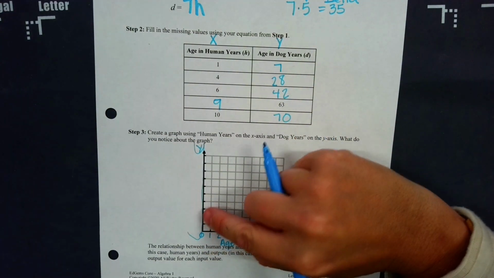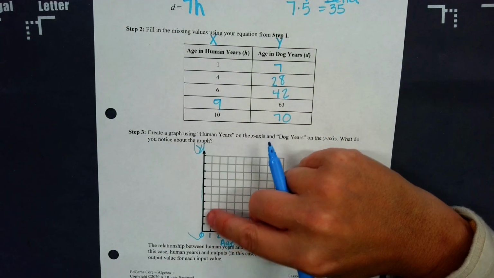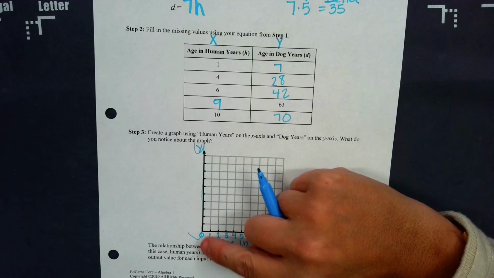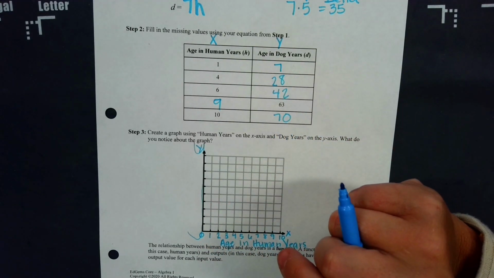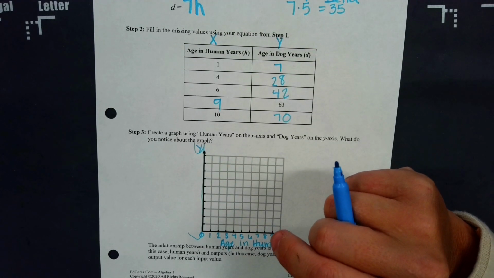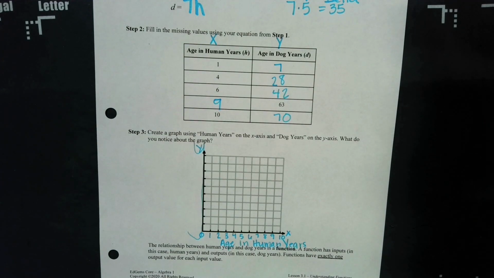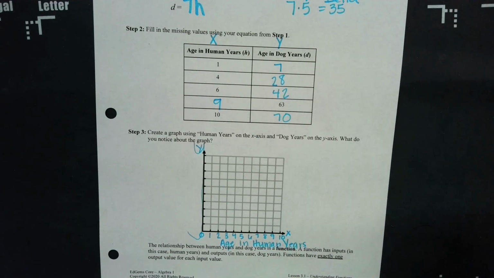Okay, is it going to be feasible on the y-axis to go 1, 2, 3, 4, 5, 6, 7, 8, 9, 10, all the way up to 70? No, I don't have that many lines. What are some suggestions? 7. Go by 7s, because that's what it is. Exactly, it makes the most sense, right? Your intervals can be whatever you want them to be, but it has to stick. So if I go by 5s, I have to stay going by 5s. If I go by 10s, I have to stay going by 10s.